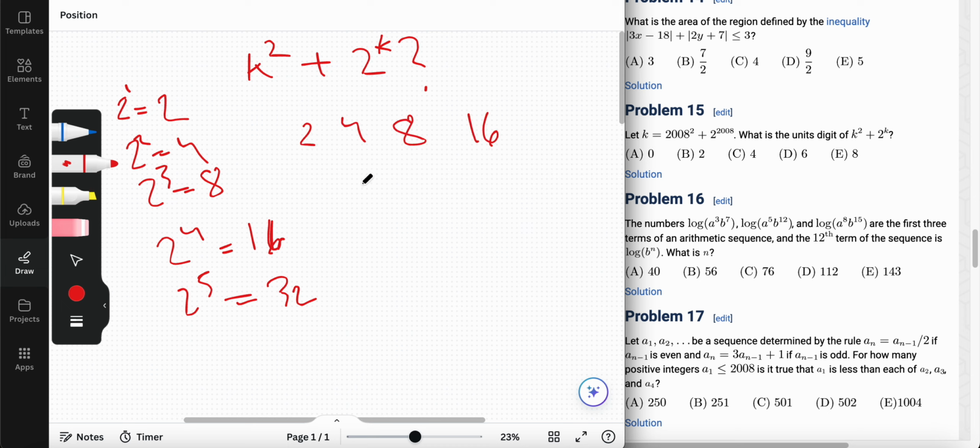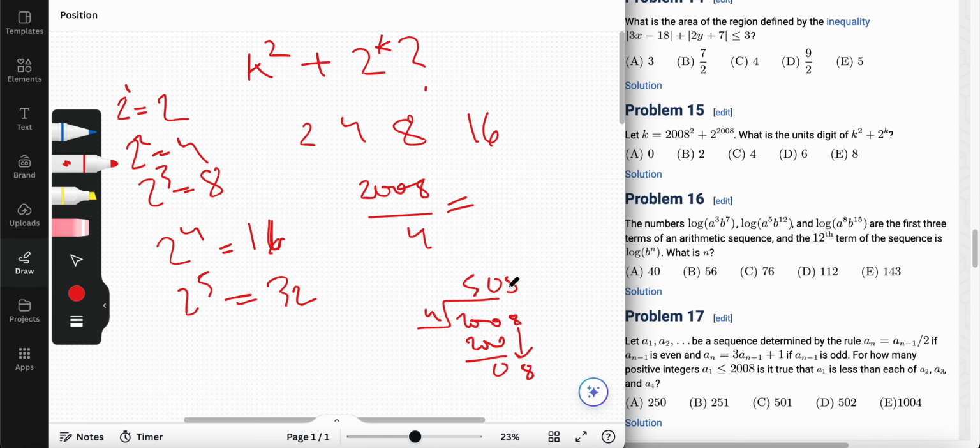We can do 2008 divided by 4, which is 502. Oops, it should be 502.